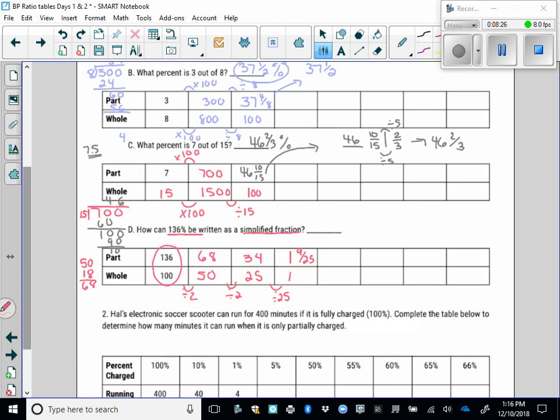So think about how I did that. I figured out how many times does 25 go into 34. 25 goes into 34 1 time. When I subtract, I have to borrow here, and I get a 9, my remainder 9. So 1 and 9 over 25. So that's one way to write that as a simplified fraction.